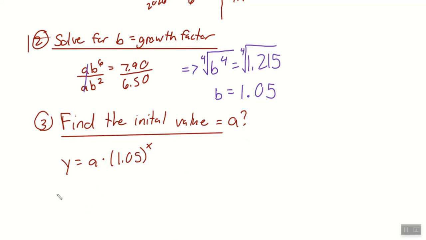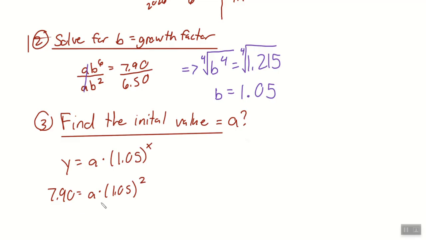So y was the cost that year, which was $7.90, equals A times 1.05. And when I went from 2020 to 2022, that was 2 years.